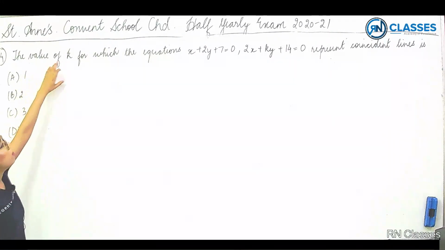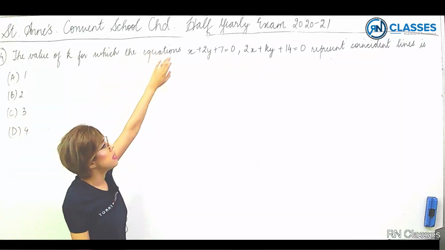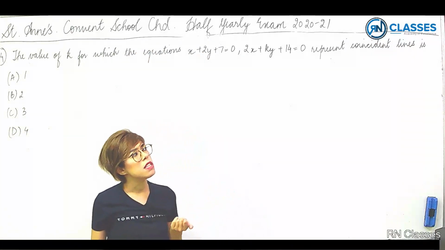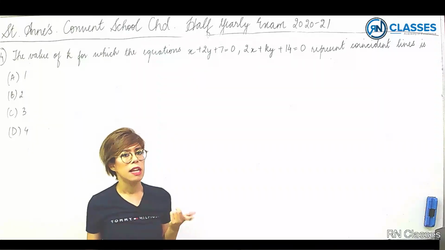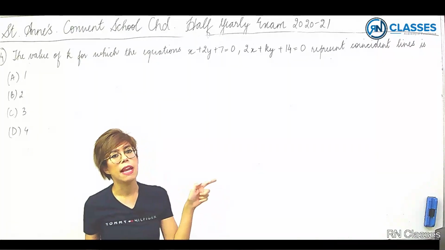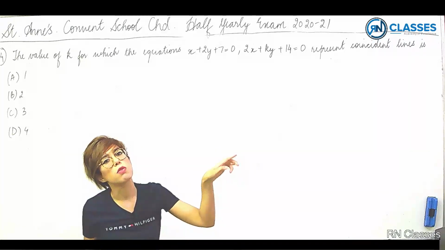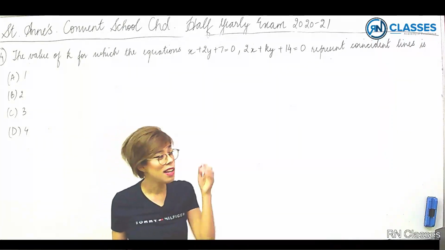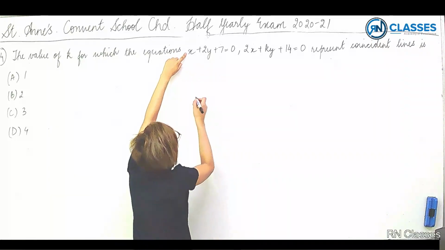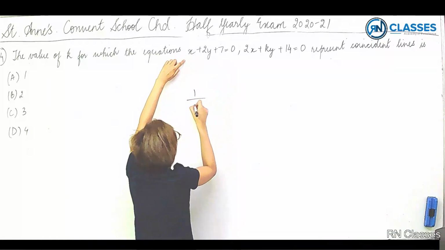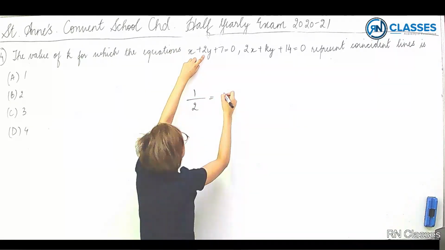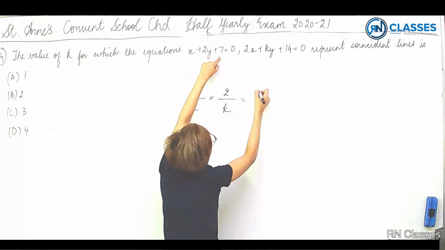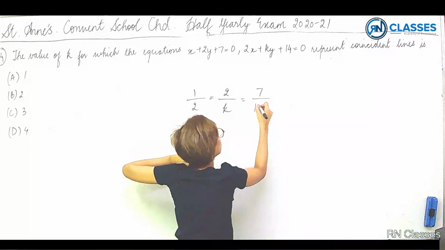He says the value of k for which the equations this and this represent coincident lines. Now coincident lines, condition. It is very clear that it is A1 by A2 equal to B1 by B2 equal to C1 by C2. I think that's the easiest condition that we know. So A1, so that is 1 by A2, that is 2, should be equal to B1, so that is 2 over B2 equal to 7 by 14.